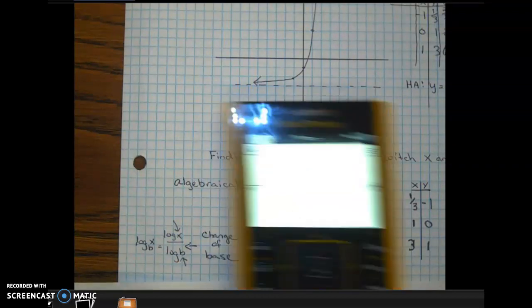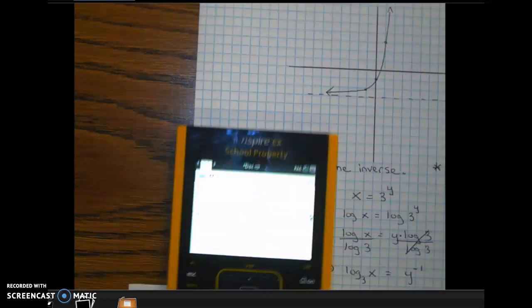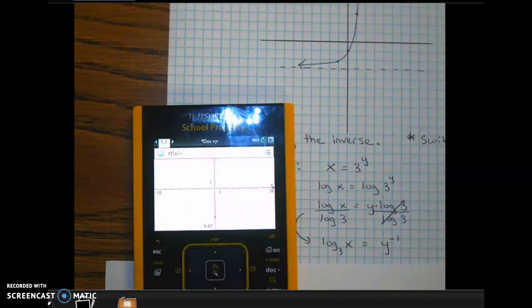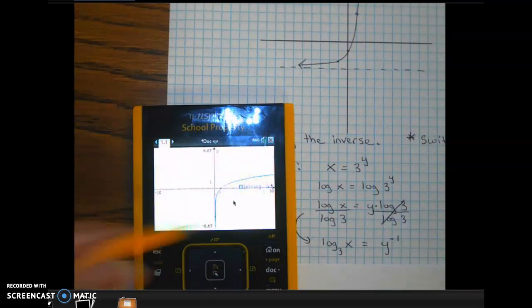So our inverse parent is going to be log base 3 of x. Press enter. Okay. This is a graph of a logarithmic function.